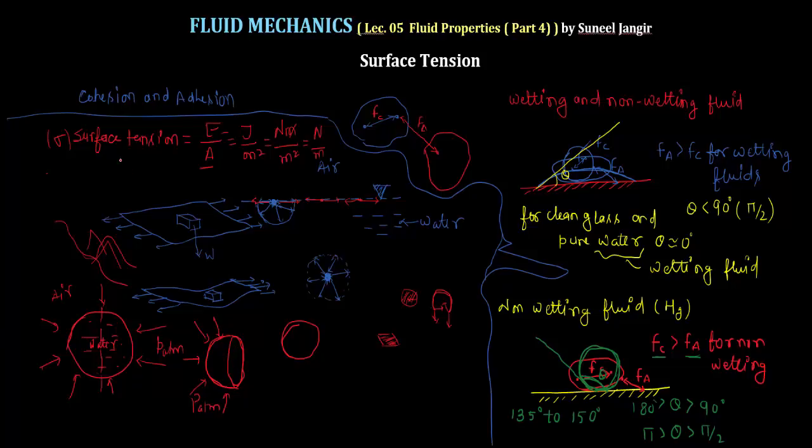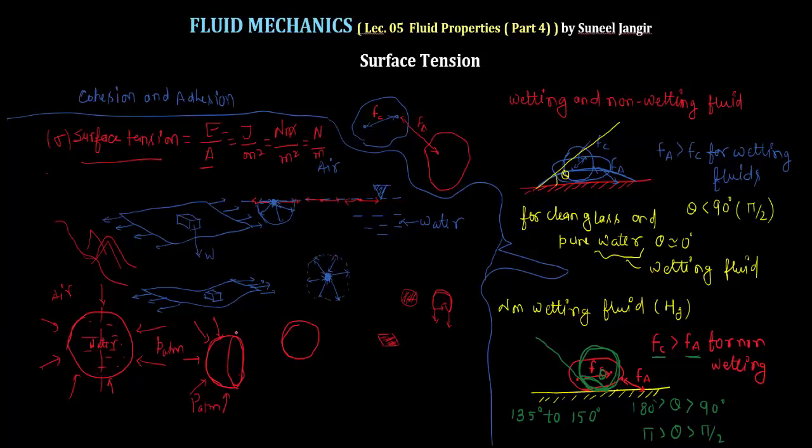And you can see here the surface tension is a line force, that is, it acts over the line, not on the area like other forces such as pressure force. Pressure force is an area force. It acts over the area, that is, the unit of pressure is Newton per meter square, but the unit of surface tension is Newton per meter. It is a line force.